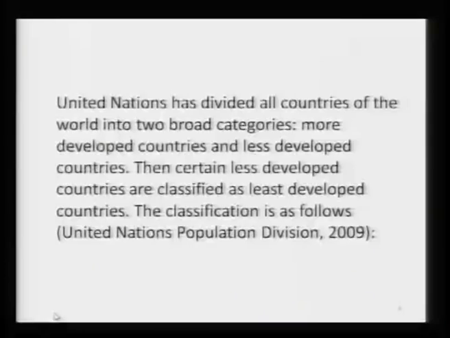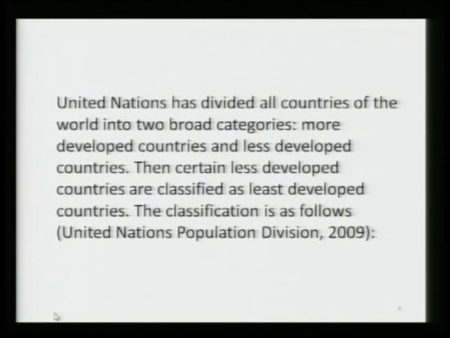The United Nations has divided all countries of the world into two broad categories: more developed countries and less developed countries. Then, within the less developed countries, certain countries are classified as least developed countries.